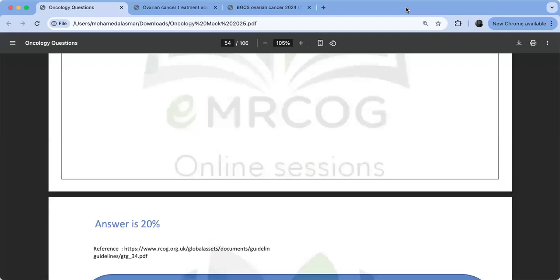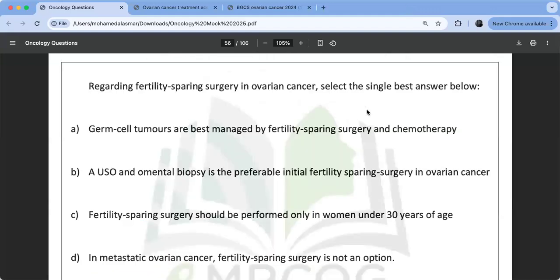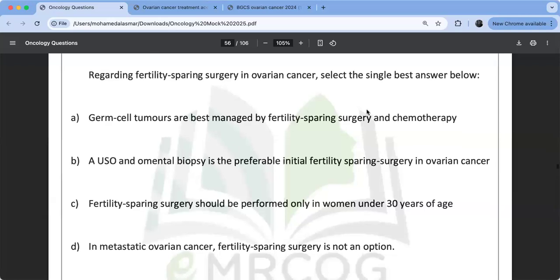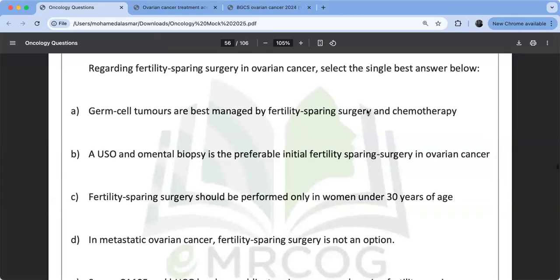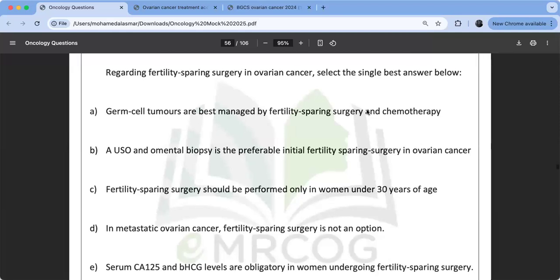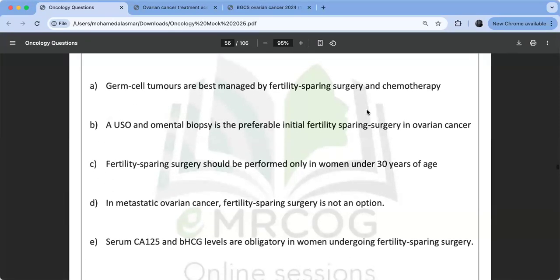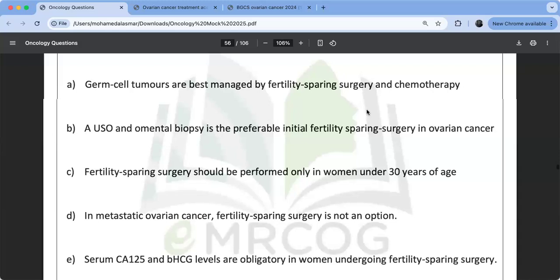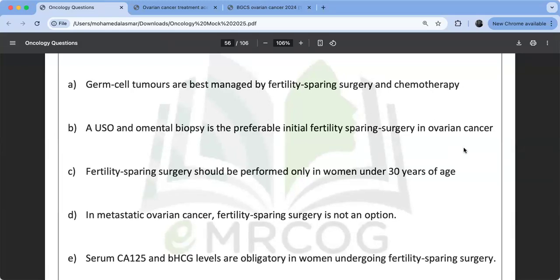Regarding fertility sparing surgery in ovarian cancer, select the single best answer below. Those are the 5 options. Which option is correct regarding fertility sparing surgery? I give you a hint.